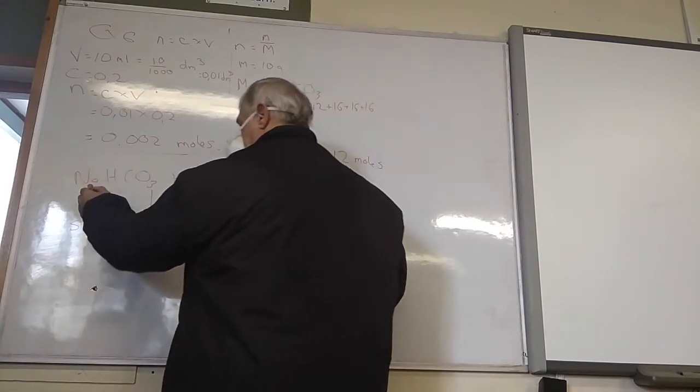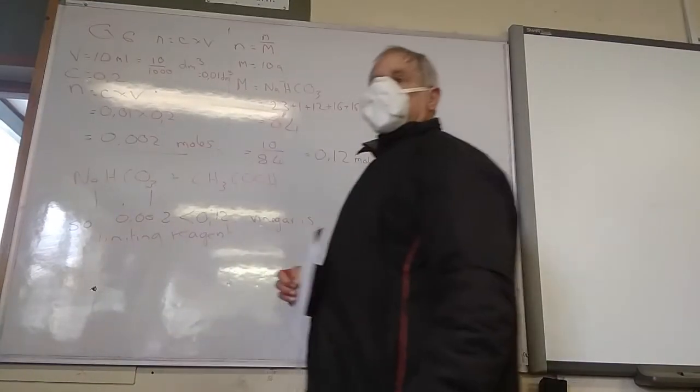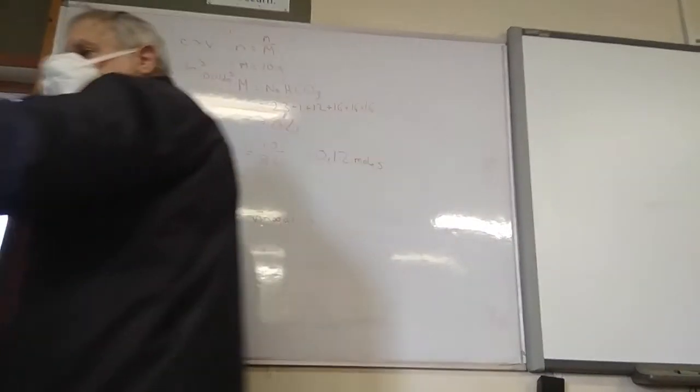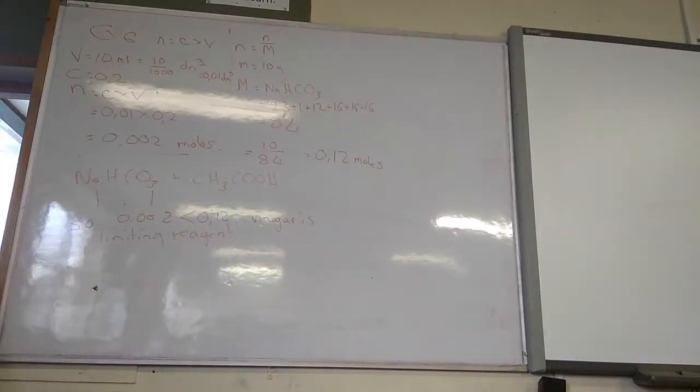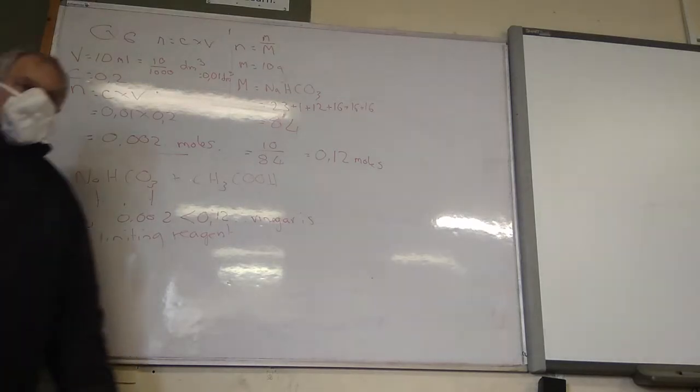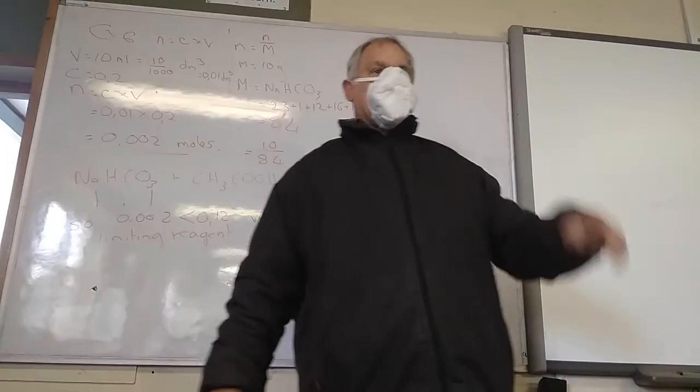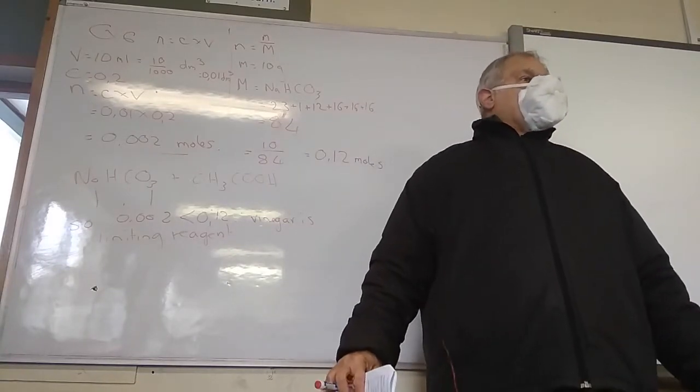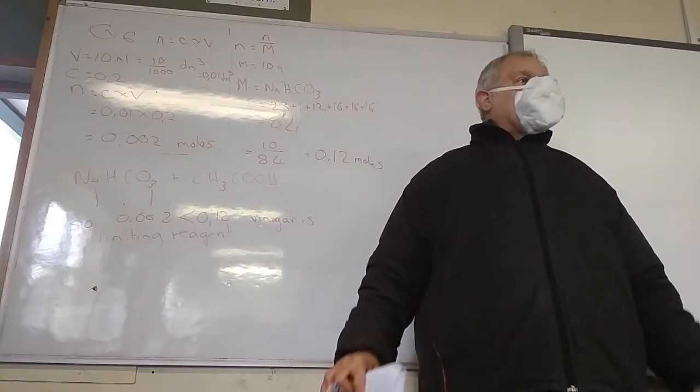Look at it, guys. It's important you know the ratio in which they combine. If they combine 2:1, you'd have to have twice as much of the 2 before it runs out. Okay. Any questions?